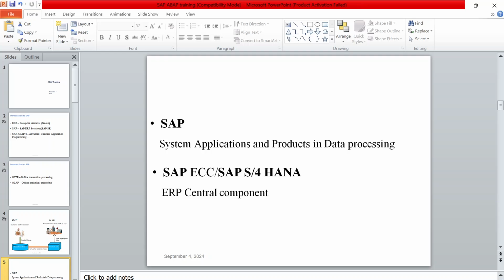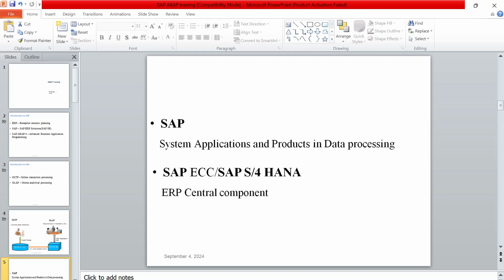But the business process is not 100% the same in all the companies, so they provided the flexibility to create custom applications as per the customer requirement or to enhance the standard applications, right? So in which programming language did they design the standard applications? SAP ABAP. So we use the same SAP ABAP to create the custom applications or enhance the standard applications.